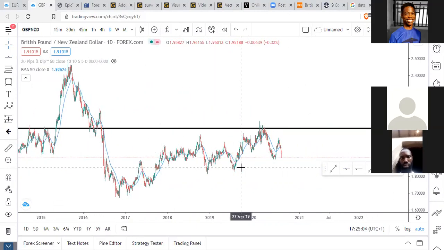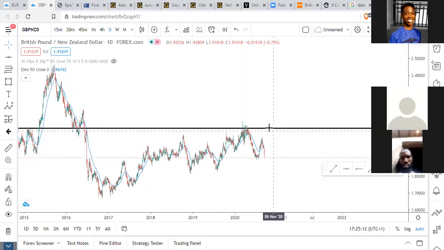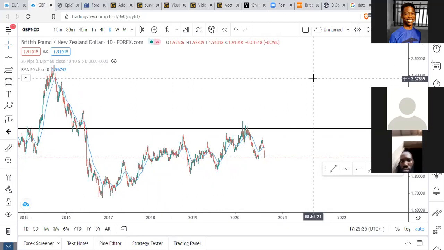Near here again, it fell. So anytime price reaches this level, it's telling me price might either fall from here or break it. If someone tells me to buy or sell around here, I'll say no. I have to wait for price to either reject, then I'll sell, or break and retest, then I'll enter buy.